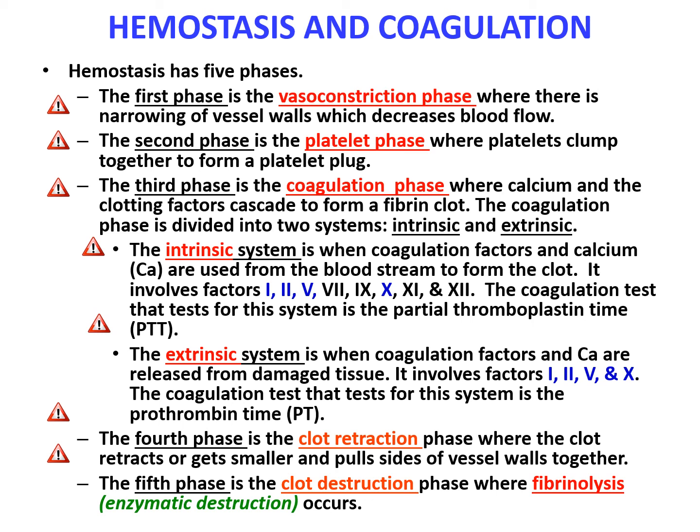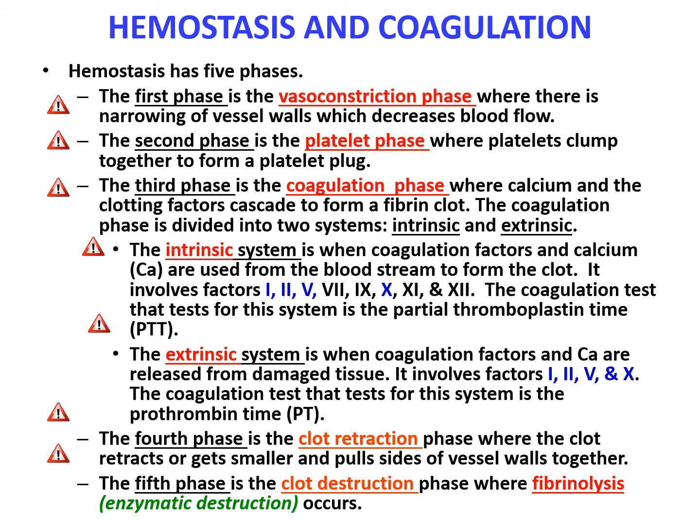Okay, so in that first phase, we talk about the vasoconstriction phase, right? Because when you cut yourself and you're starting to bleed, the first phase of this whole thing is your vessel walls decrease your blood flow, right? I mean, think about it. We're bleeding. Oh my God, let's constrict it down to preserve that blood so not as much of it flows out, right?